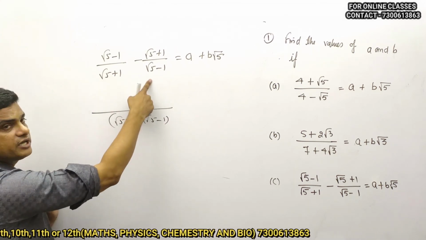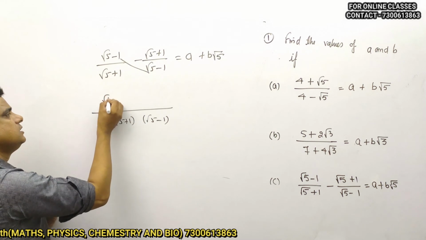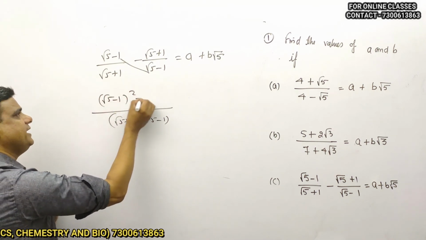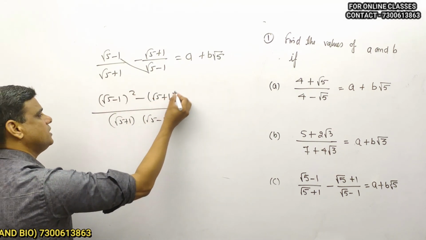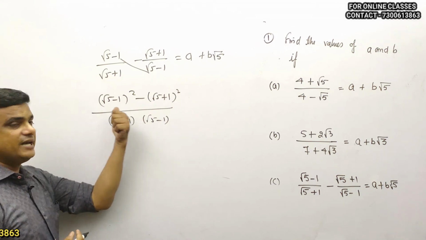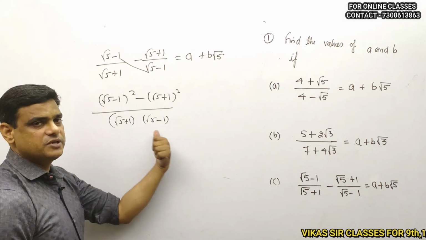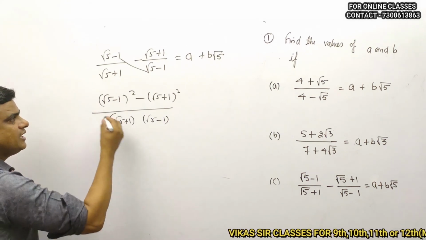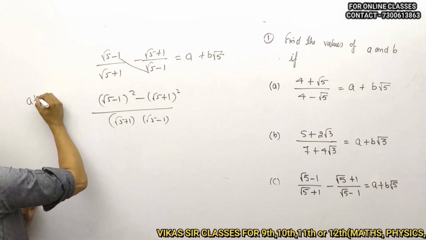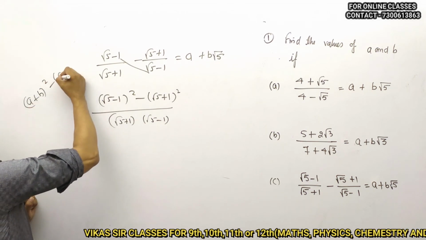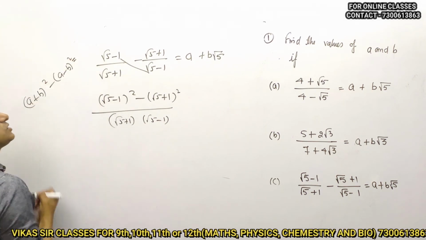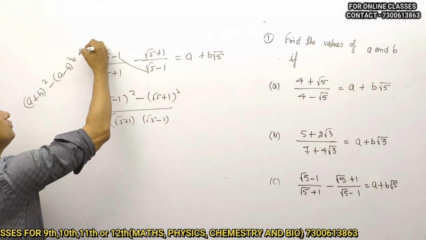A plus b into a minus b. If you cross multiply it, root 5 minus 1 whole square minus root 5 plus 1 whole square. So it is (a minus b) whole square minus (a plus b) whole square upon a plus b into a minus b. So here it is, I told you (a plus b) whole square minus (a minus b) whole square is equal to what? It is equal to 4ab.